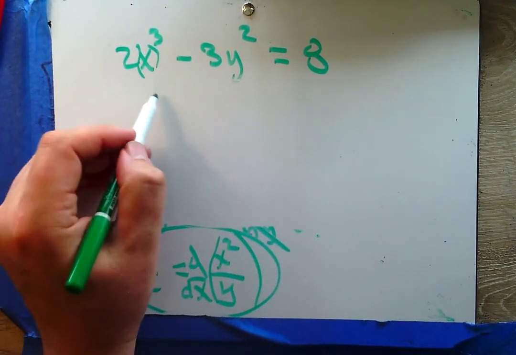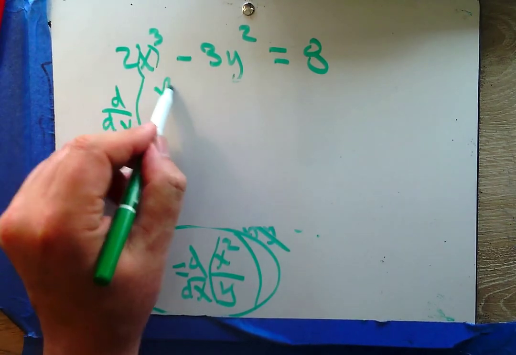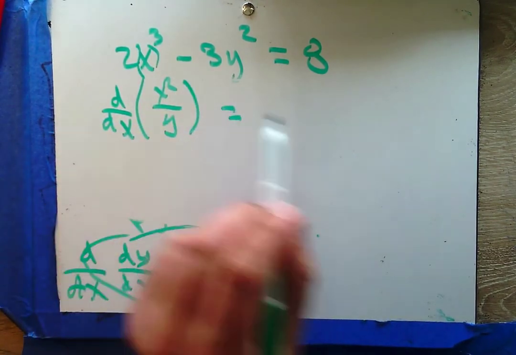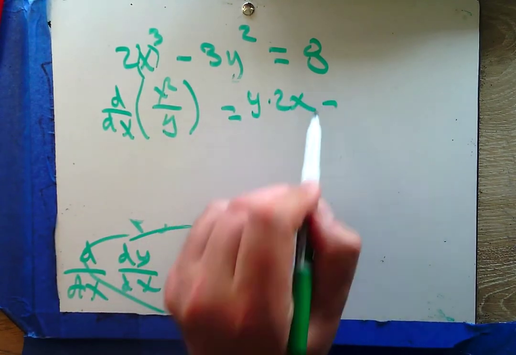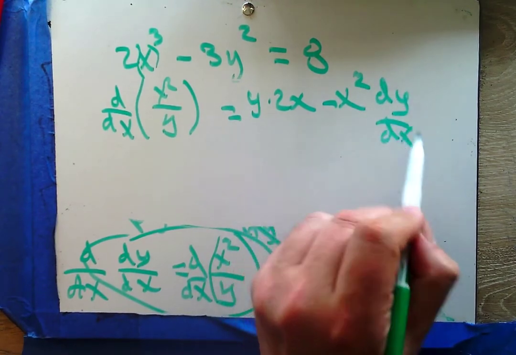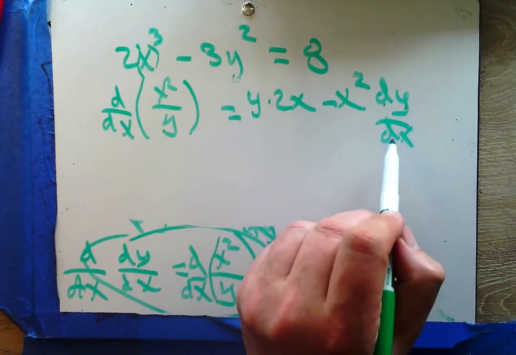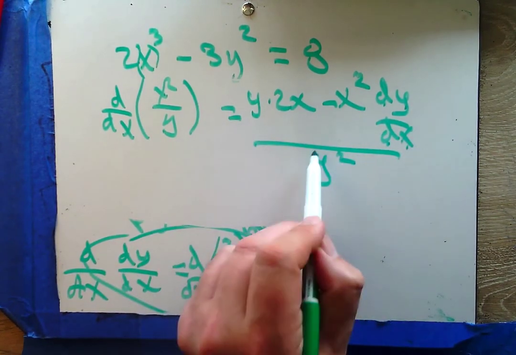I'm taking the derivative with respect to x of x squared over y, and I know that means low d high minus high d low, the derivative of the low with respect to x, all over low squared.